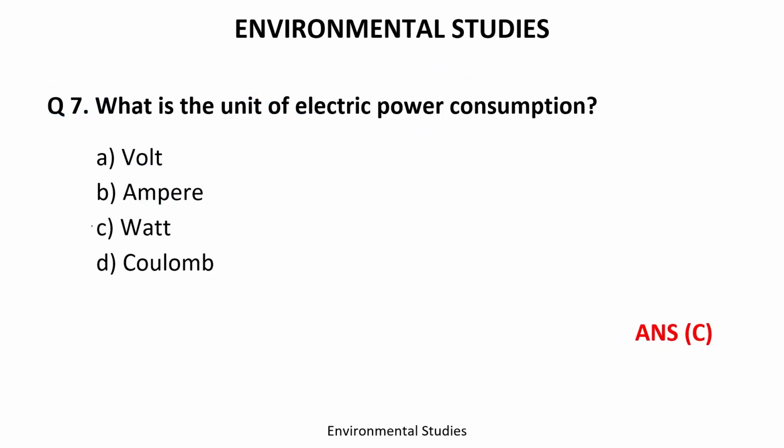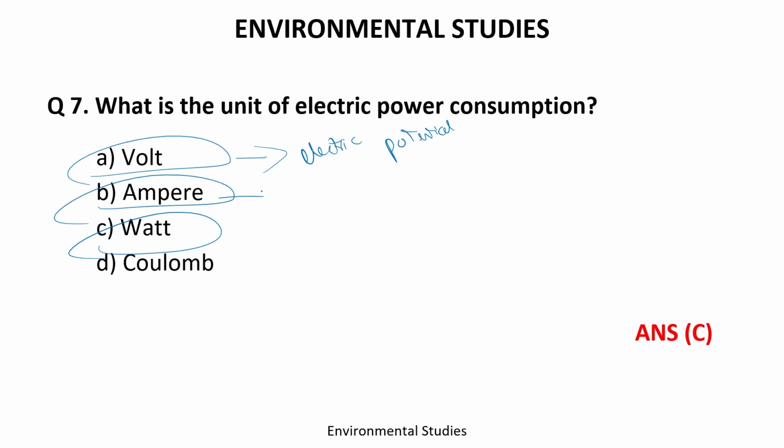Volt is the basic unit of electric potential. Ampere, I had already told you, is the SI unit of electrical current. Watt is the SI unit of electric power. Coulomb is the SI unit of electric charge.